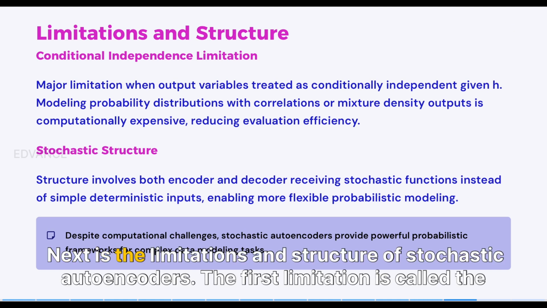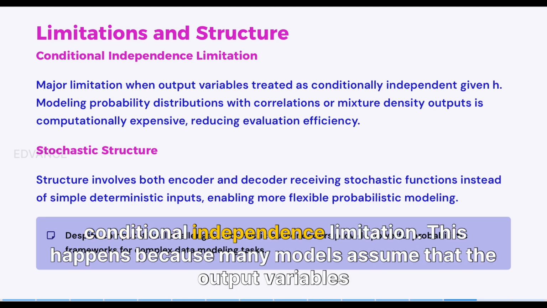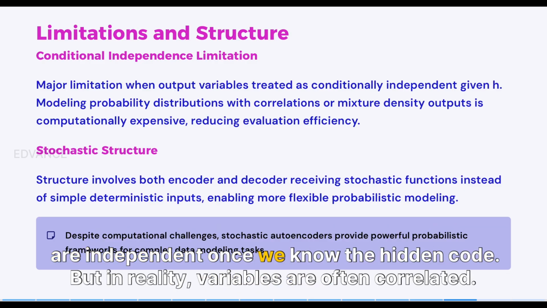Next is the limitations and structure of stochastic autoencoders. The first limitation is called the conditional independence limitation. This happens because many models assume that the output variables are independent once we know the hidden code. But in reality, variables are often correlated.